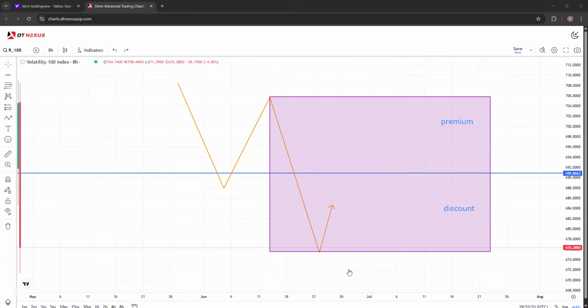Rather, we want to sell our tomatoes at 500 naira here, because if we sell them in the discount, we're just going to sell them at 10 naira.